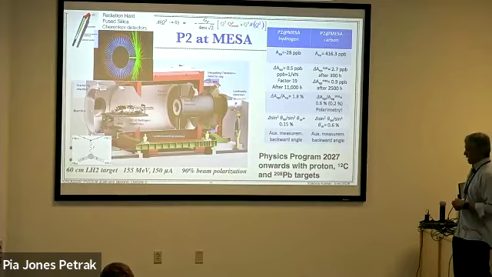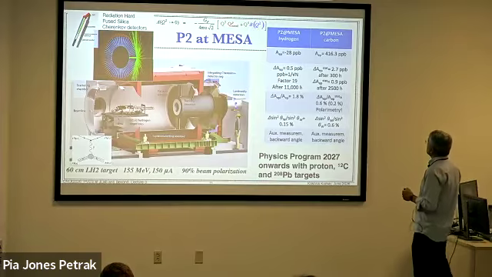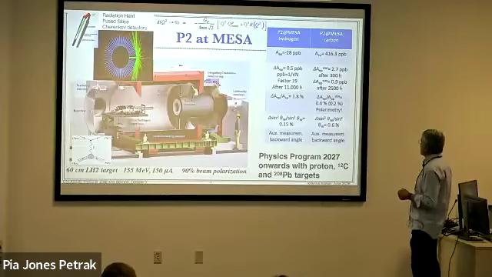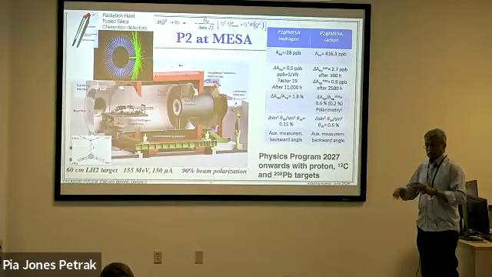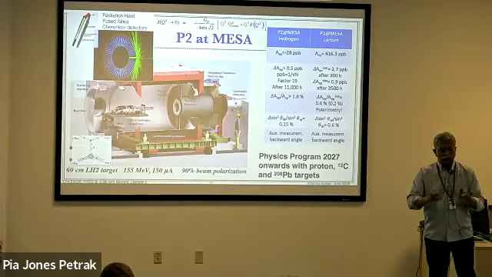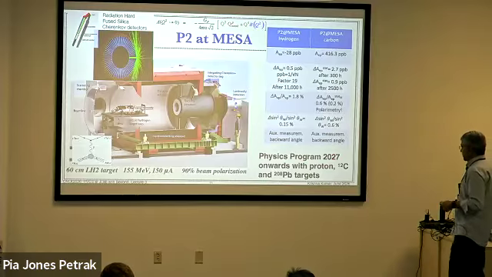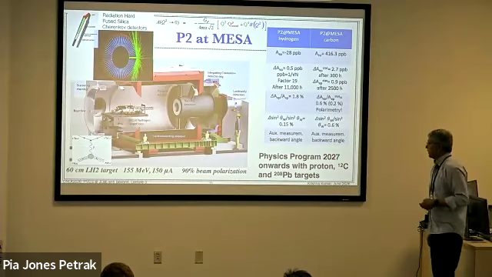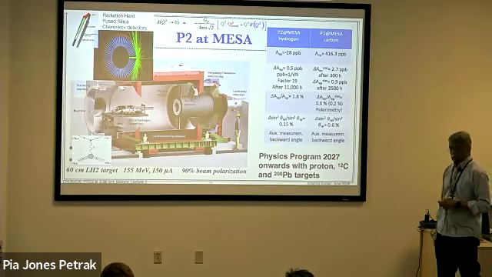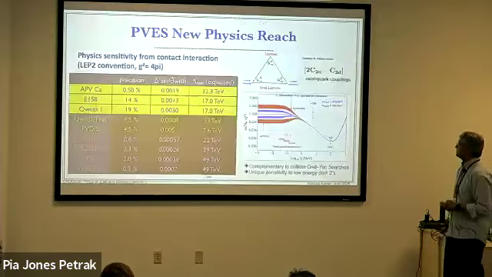They also have very long-term plans to do this on a carbon target and try to measure the weak mixing angle with a different linear combination of C1 and C2. Okay, so this physics program is supposed to start in 2027. And I'll tell you why they're also going to do a lead target in the next lecture.